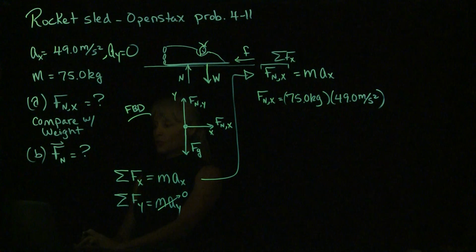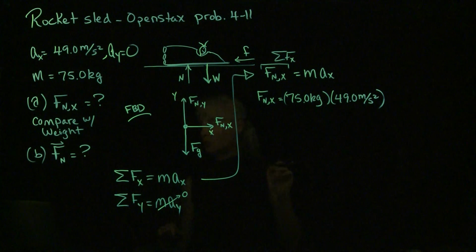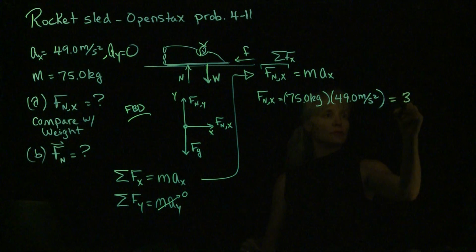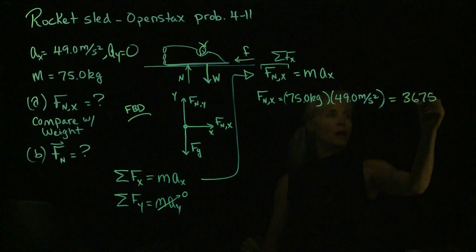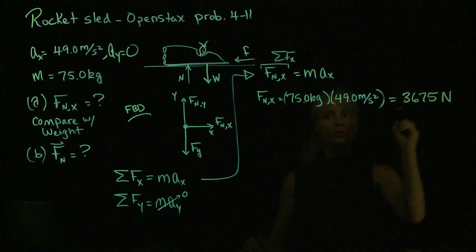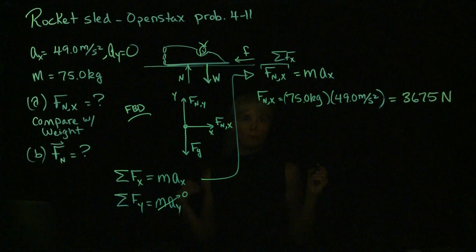I'm just multiplying it here on my computer. I have my computer off here to the side just so that we'll have a number here. So this is 3675. And the units kilogram meter per second squared is a newton. So that is the force being exerted by the back of the seat on the rider.